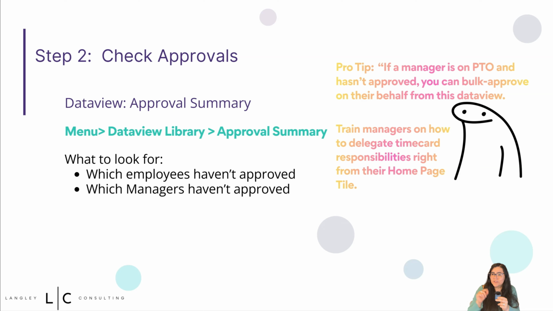So this is your gate check. And pro tip over here, train managers on how to delegate time cards and responsibilities from their home tile. That'll be huge. And another pro tip is if a manager is on PTO and hasn't approved and didn't delegate before they left, you can bulk approve on their behalf in this data view, which is nice.